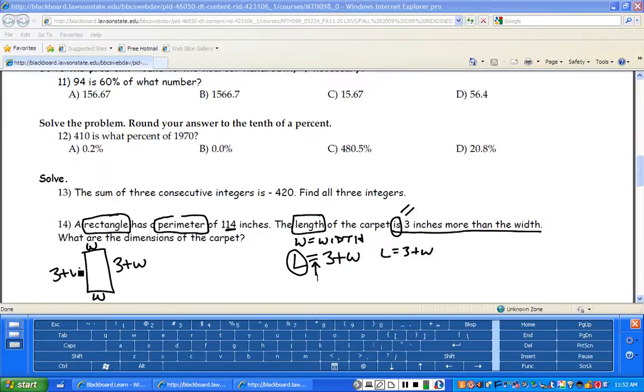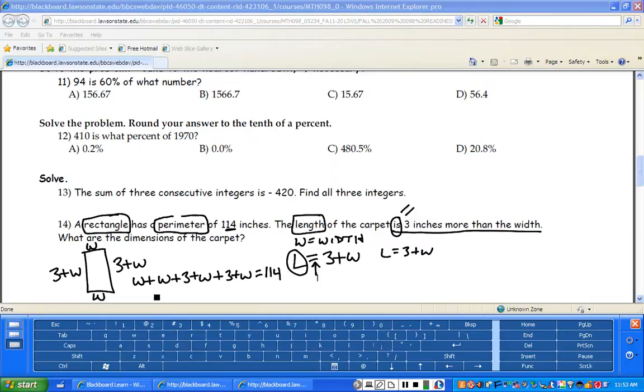Alright, now the perimeter is 114, so perimeter means I have to add all of these up. So add up a W plus another W plus a 3 plus W plus another 3 plus W equals 114.